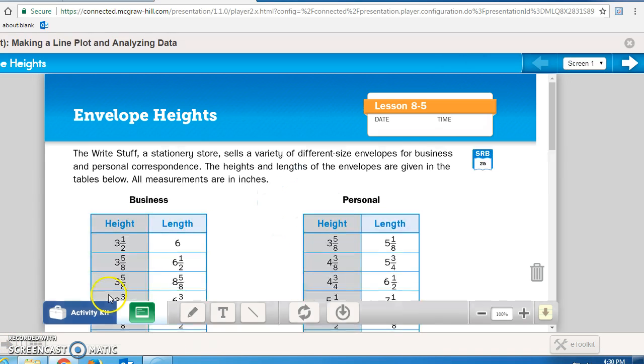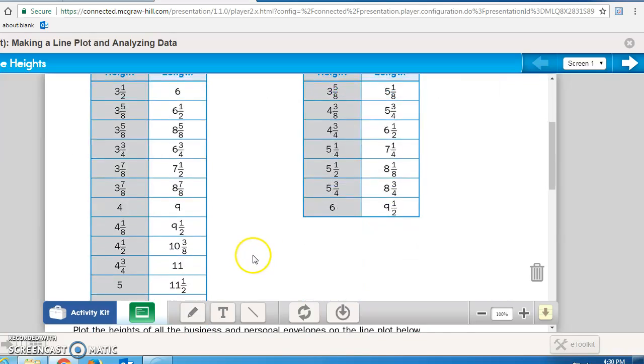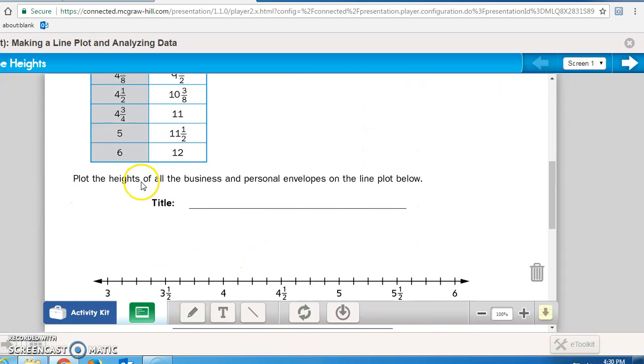Now, on page 286, it says, plot the heights of all the business and personal envelopes on the line plot below. So first of all, you're going to need a title for this line plot. Well, remember, what is it that we're plotting? We're plotting envelope types.